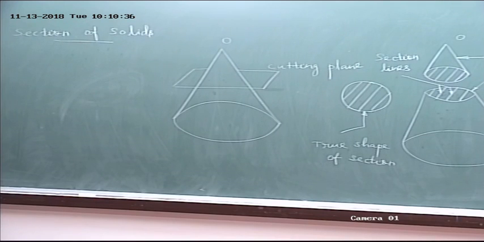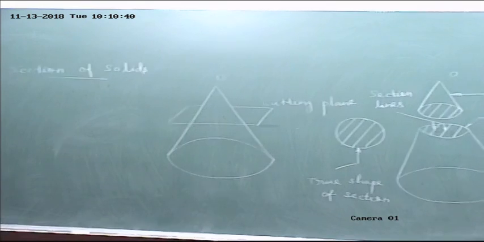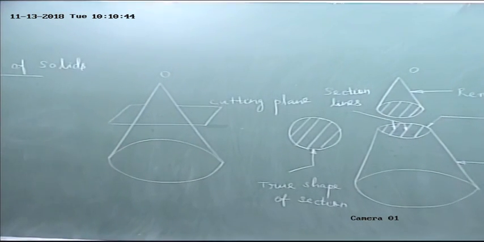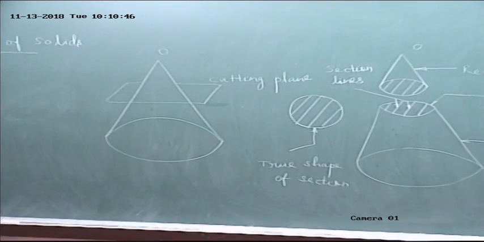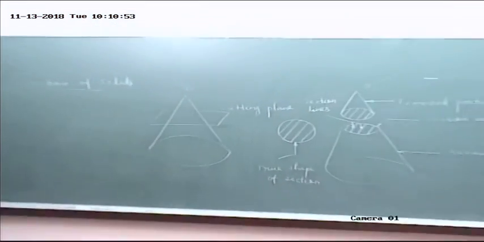In simple vertical position, what do you mean by this? Sectioning of above solids in simple vertical position. In all the cases, the solids should be in simple vertical position. What is this? So the axis of the solid. What are the possible positions of solid? How to place the solid with reference to VP and HP?